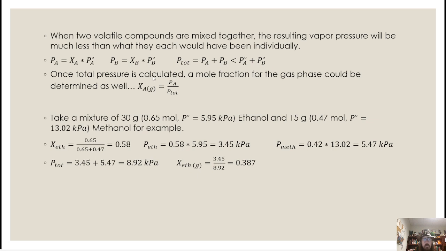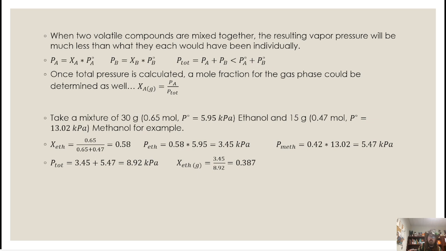And with that in mind, you could calculate the mole fraction in the gas phase by taking the vapor pressure of A divided by the total pressure of them. So this process we're discussing here is also useful for distillation.